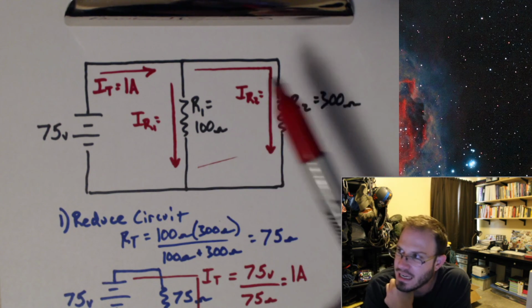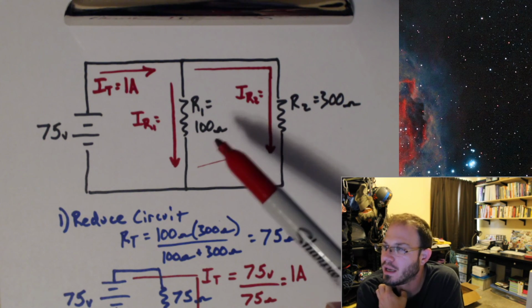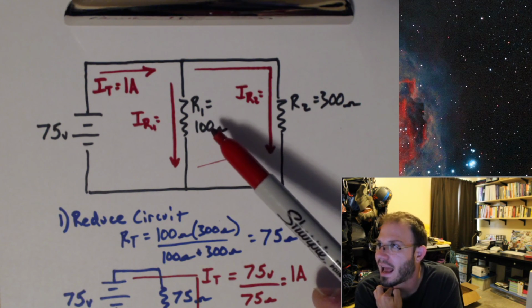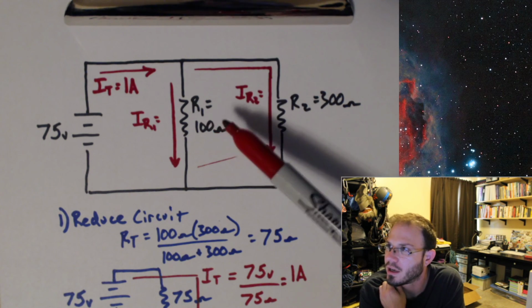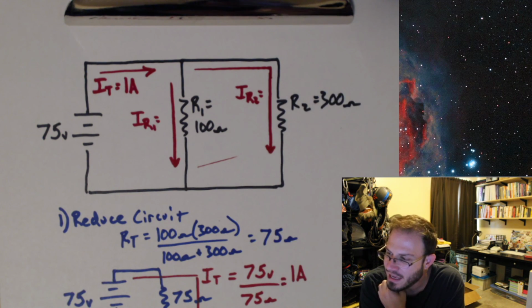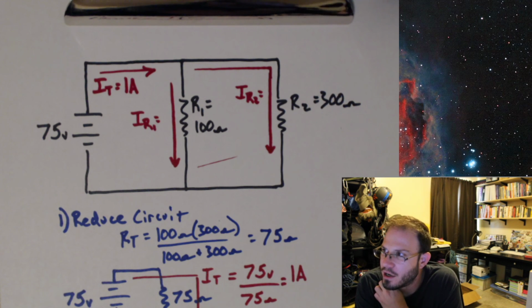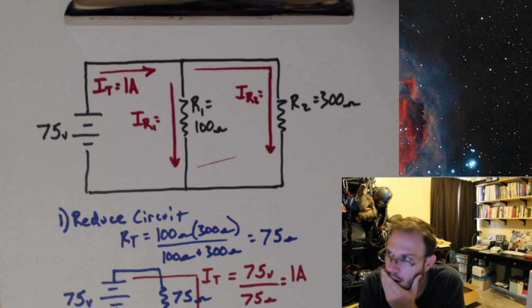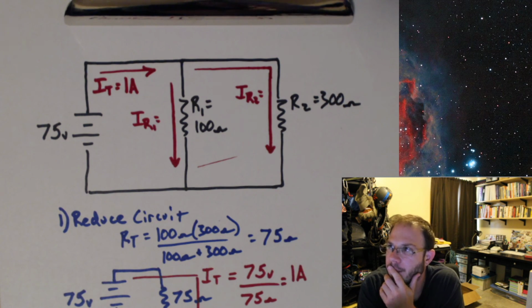You may have seen in another electronics class that you can divide the resistances and multiply that by the current entering to figure out how much current is going this way. I think that approach is unnecessary and is just another elaborate extension of what we already know. We already know how to get at the answer here.